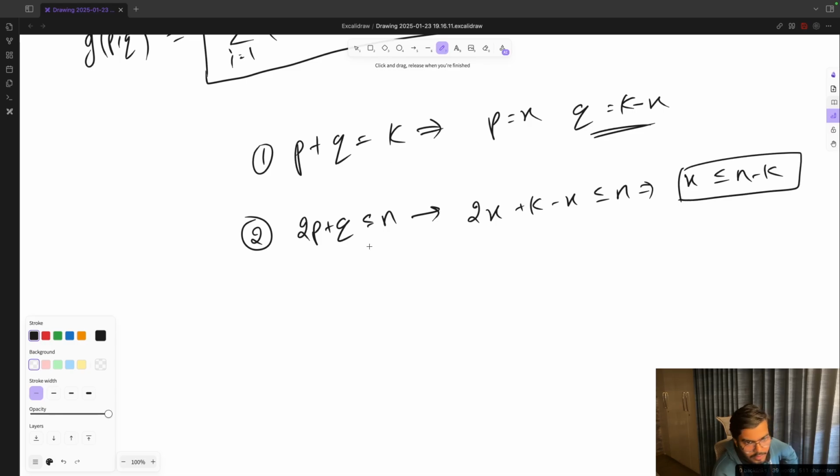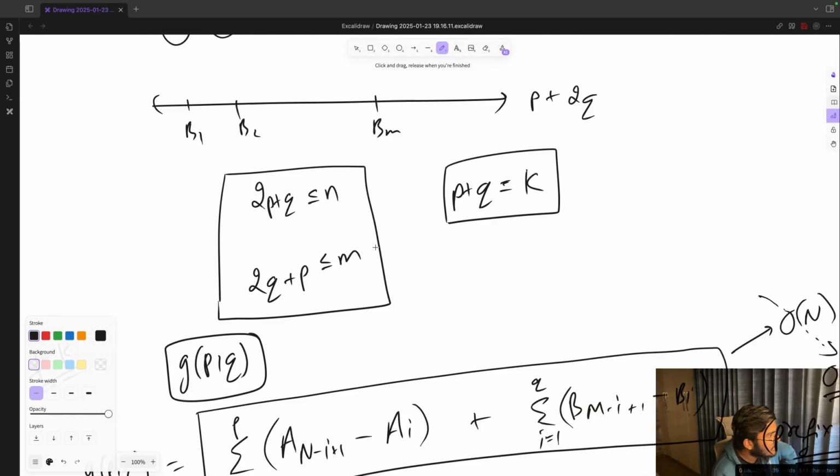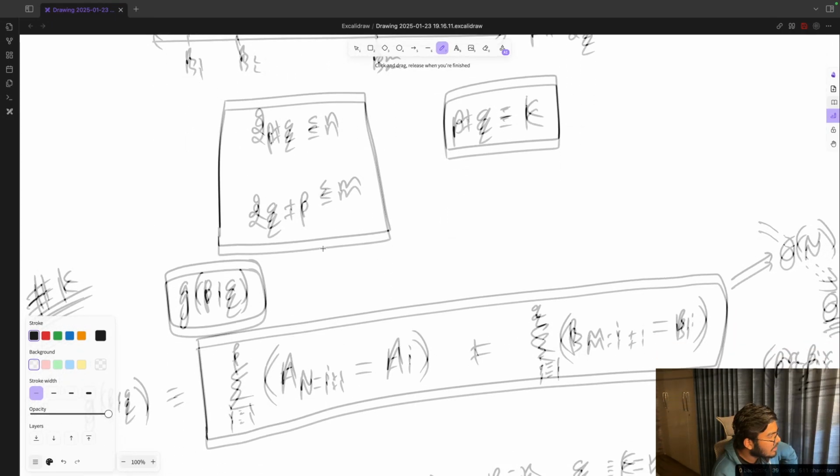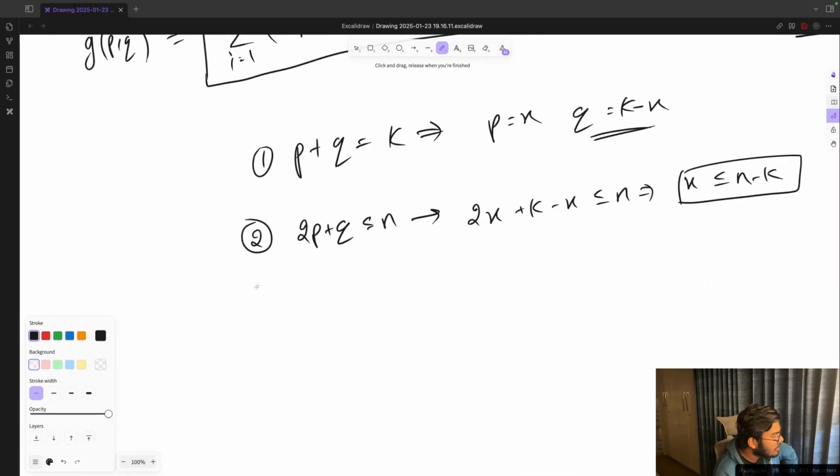So this was one of the conditions, and for the second condition, let's use this equation: 2q plus p is less than or equal to m.